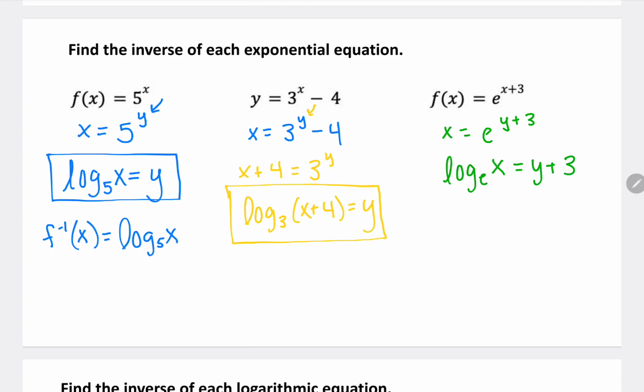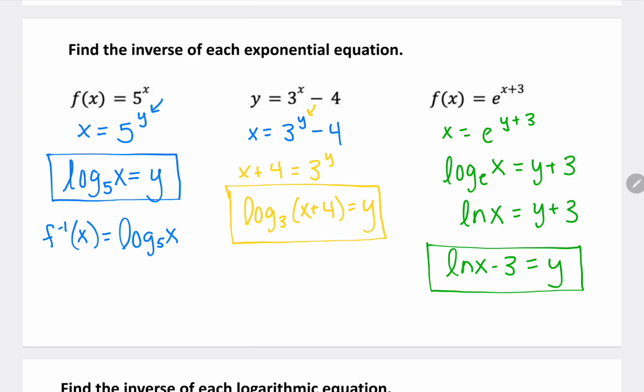And I'm actually going to rewrite this again. Log base e is the same thing as saying ln. So ln of x equals y plus 3. The y is still not isolated, so my last step is to subtract the 3. Once my y is isolated, that is the inverse function.